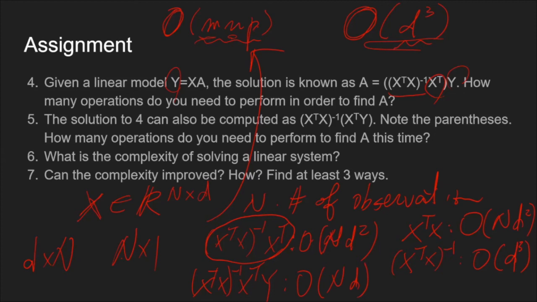So as a whole, if you add them up, you're going to require a total of d cubed plus 2 times nd squared plus nd.